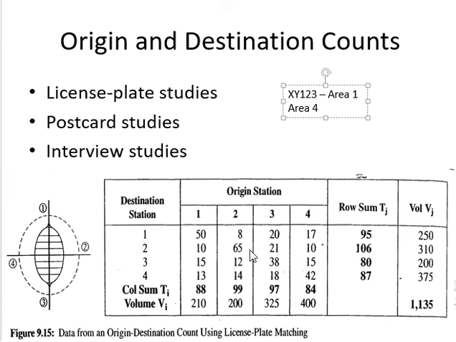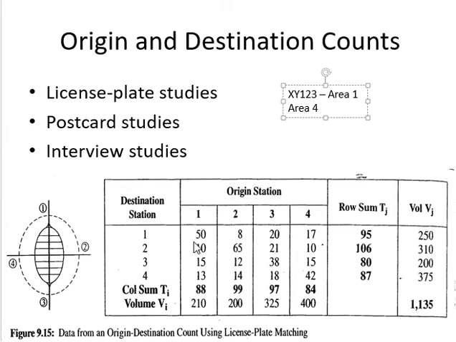Okay, so this is a sample you got from any of these techniques, and then you did a volume study, like counting vehicles entering the area, leaving the area. Total number of vehicles entering area 1 is 250, entering area 2 is 310, and so on. Total number of vehicles coming out of area 1 is 210, for area 2 200, and so on.